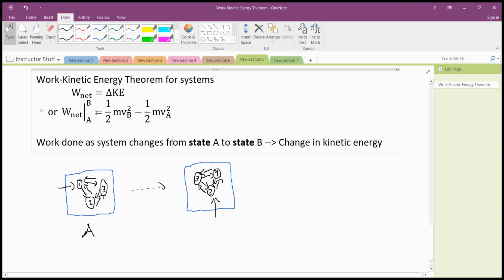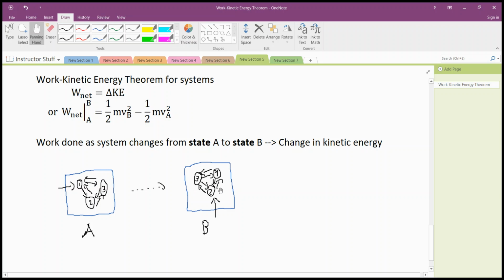What do I mean by that? What I mean is our system has some initial state A, and as a result of all the internal forces and external forces, we reach a state B. At state B, our objects have undergone all sorts of various displacements from state A, and those displacements were due to the work done by all these forces that are acting on the objects.